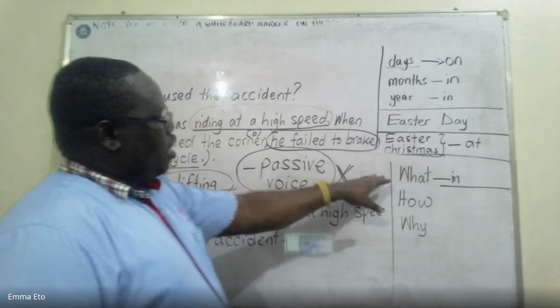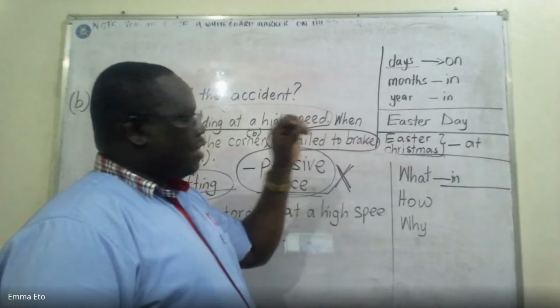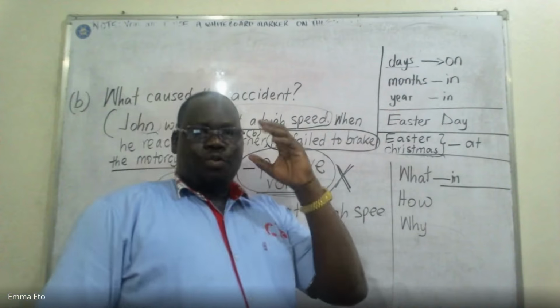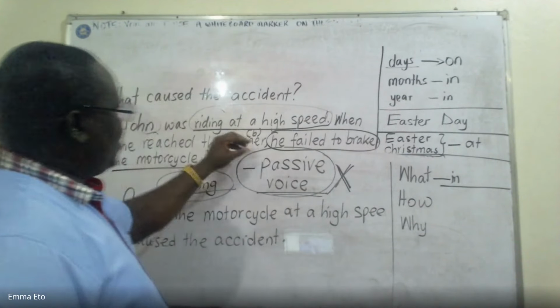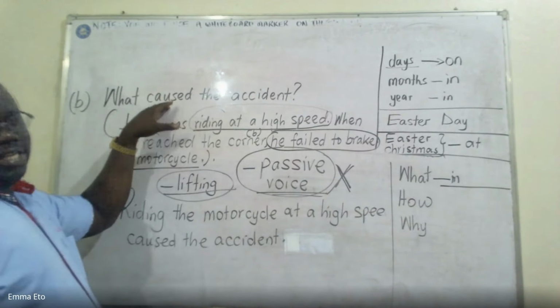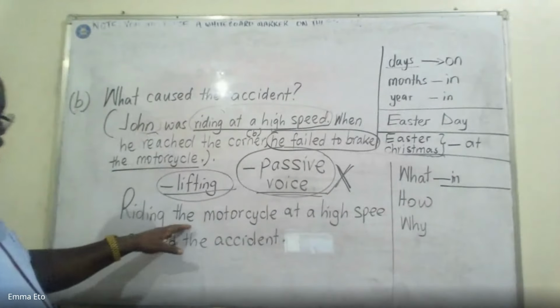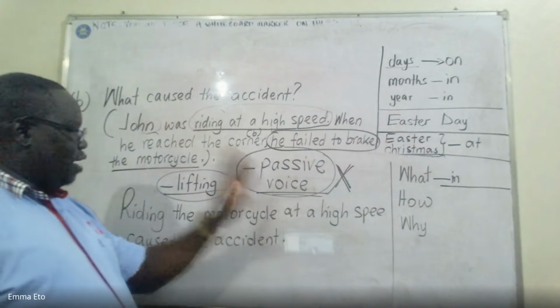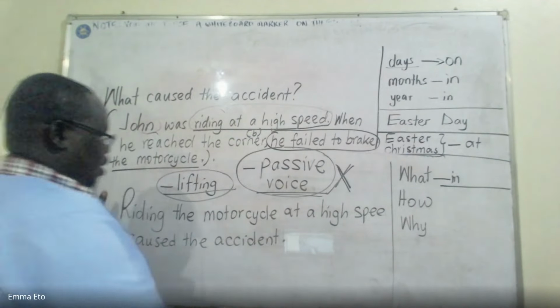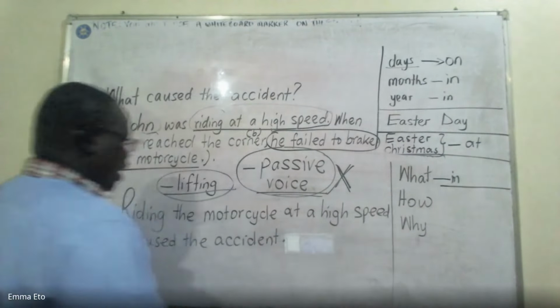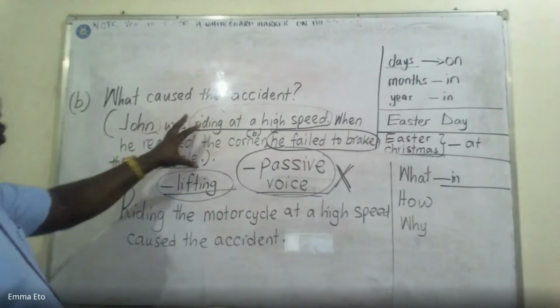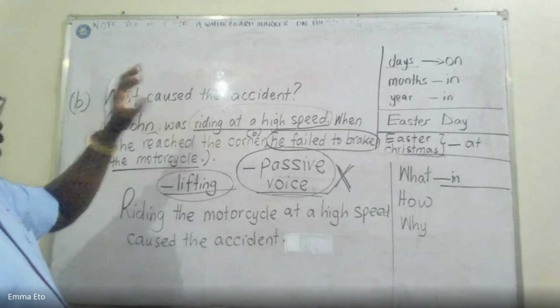A what question asks for the exact idea without beating about the bush, and it must be in a complete sentence. What caused the accident? Riding the motorcycle at a high speed caused the accident. Assuming this was the idea given.